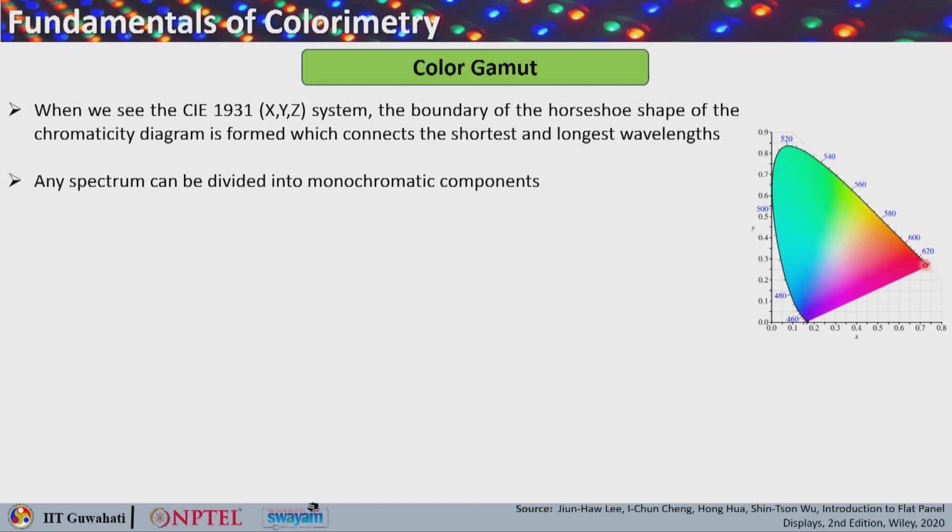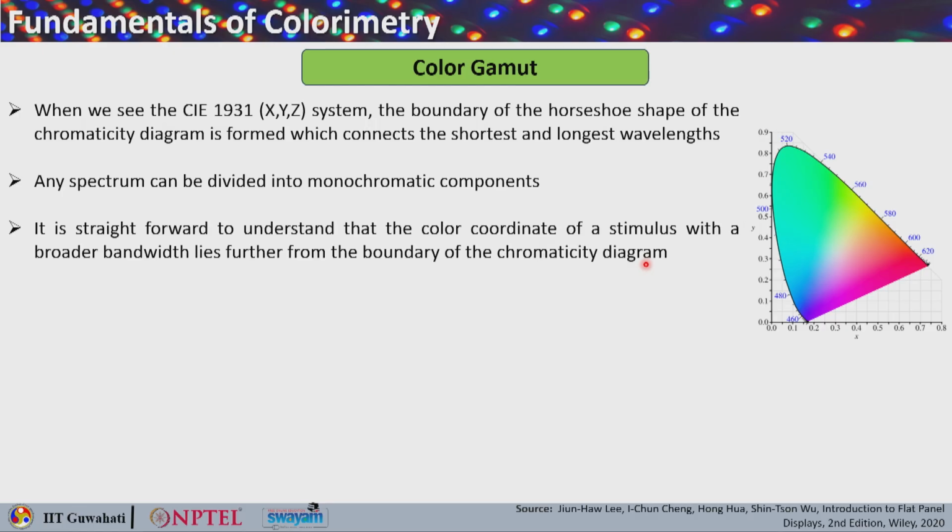We know that any spectrum can be divided into monochromatic components. So, it is very straightforward to understand that the color coordinate of a stimulus with a broader bandwidth lies away from the boundary of the chromaticity diagram, because along the boundary you have the pure colors where the bandwidth is the narrowest.